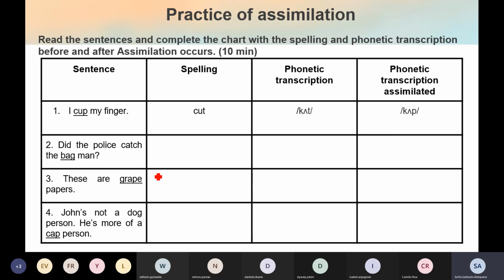So the t sound followed by p, b, or m would change into p. So in this case, it would be like in the first example, only that cat is not written with a short a.